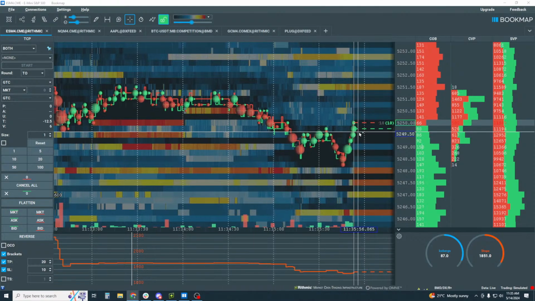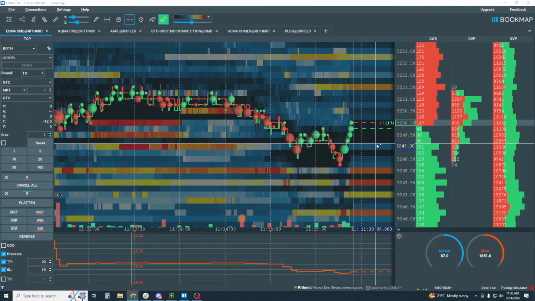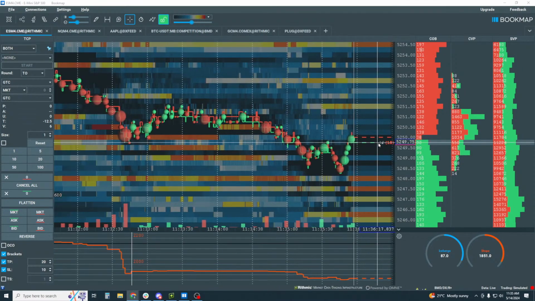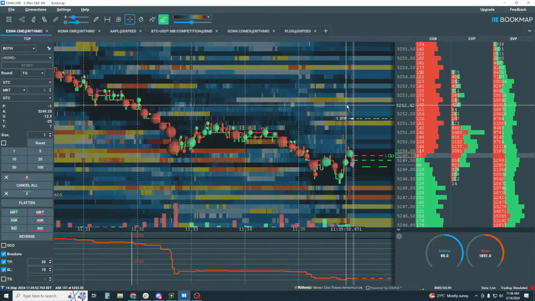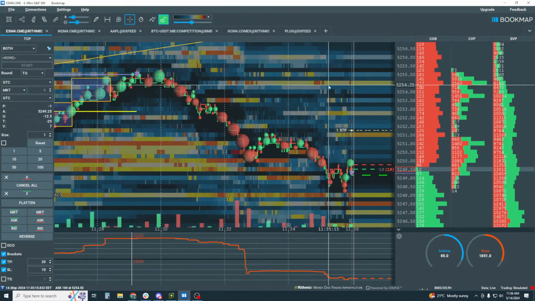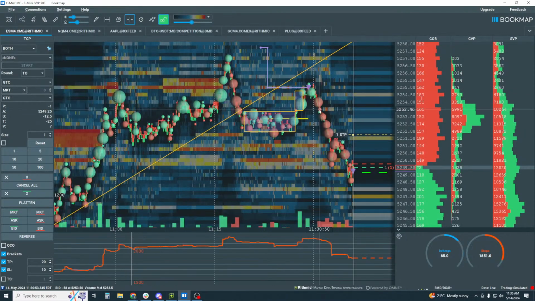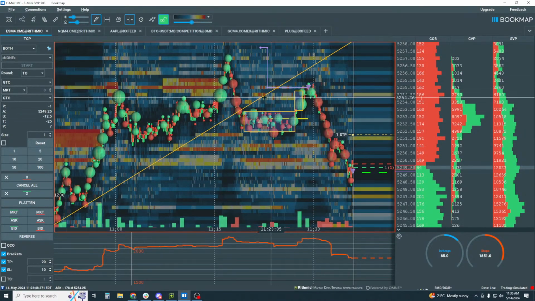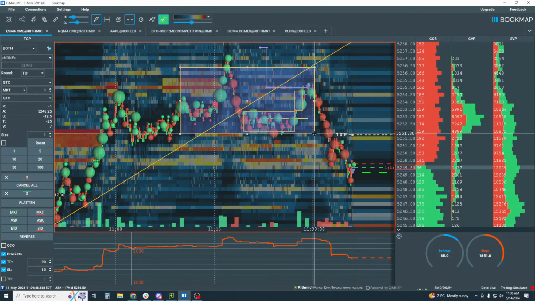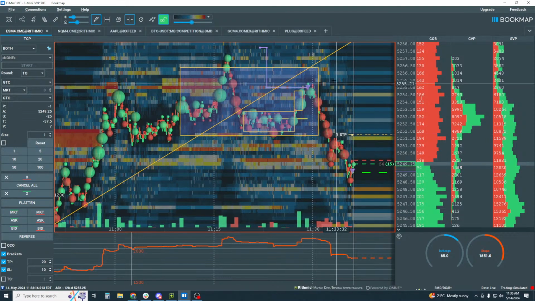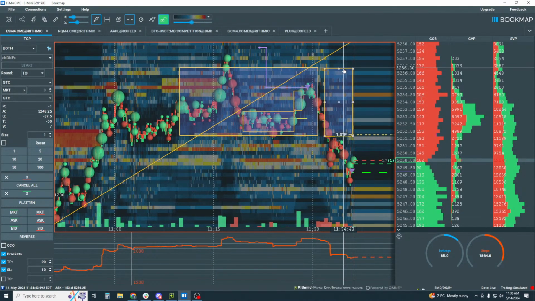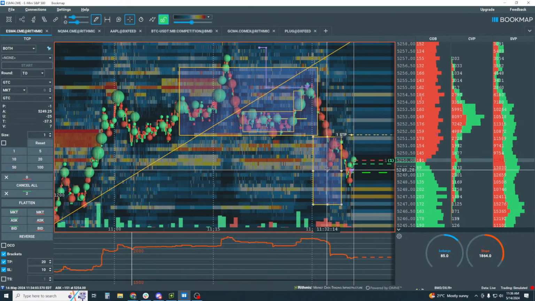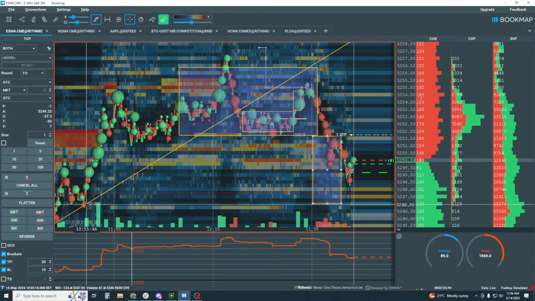Okay, here's a pullback. All right, and let's see if we can get in. All right, so now in the measured move in here, let's see here. We're going with this range and this range down to here.